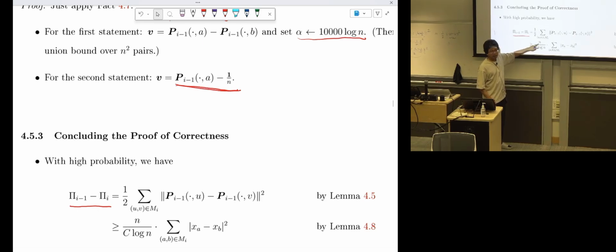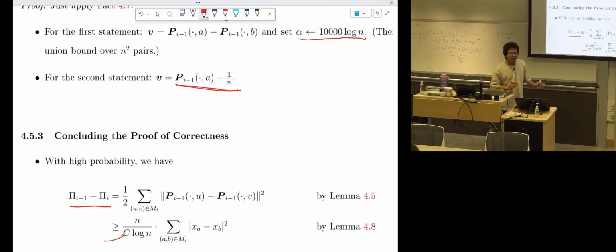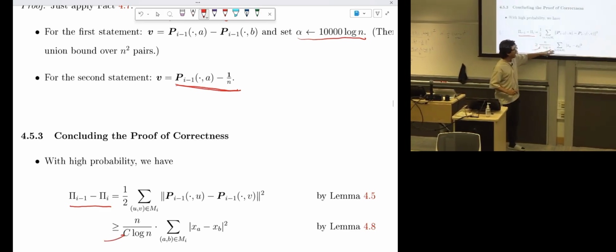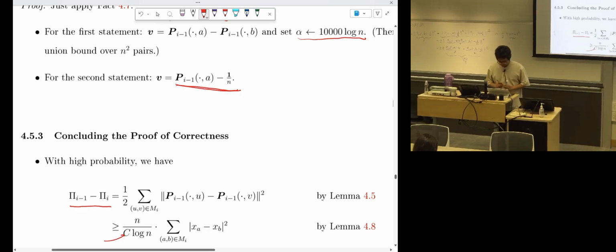There is a scaling of n here, and I get log n here, where c is a big enough constant, so that this is true with high probability. In expectation, this would be equal without log n, but with log n, this is true with high probability.